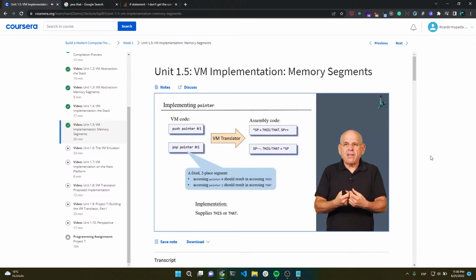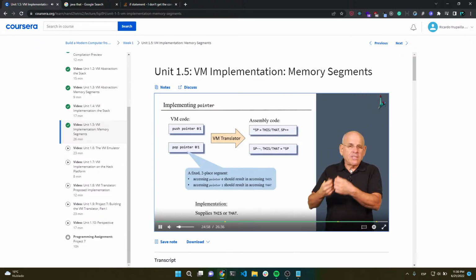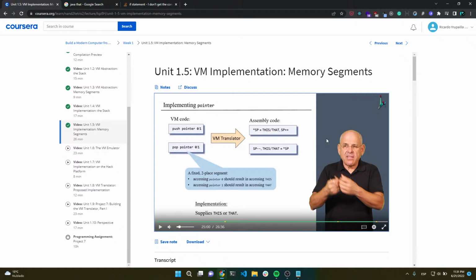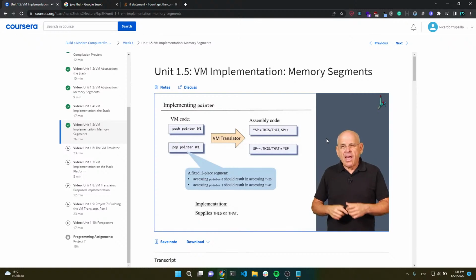If the VM command is push pointer 1, you do exactly the same, but you use that instead of this. And the handling of pop pointer is symmetrically similar.